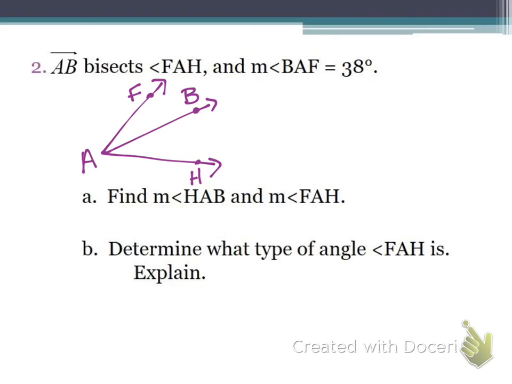So based on the problem given, I'm creating my own diagram. I am also told that angle BAF has a measure of 38 degrees. So angle BAF is my one on top here, 38 degrees.